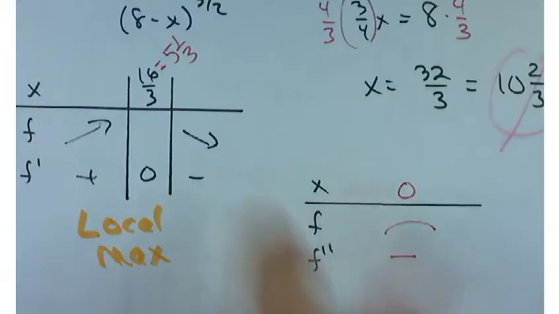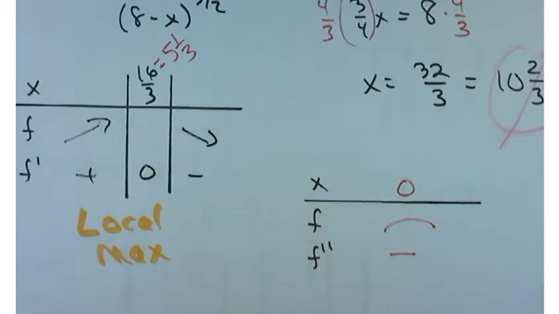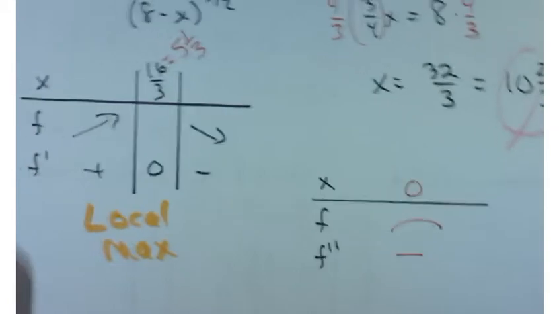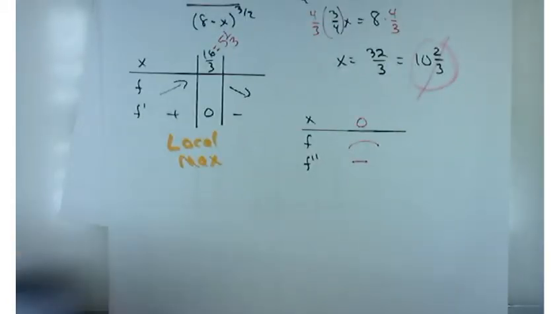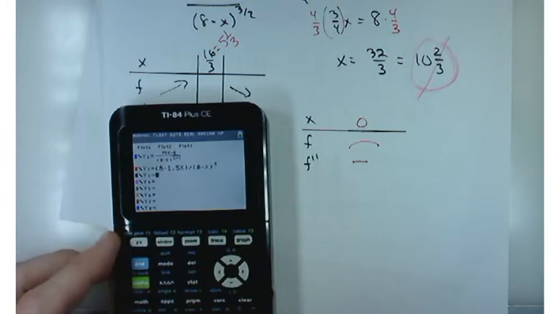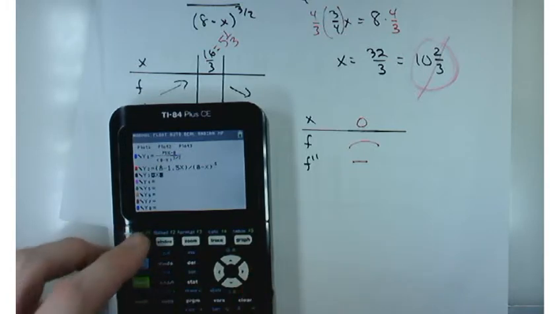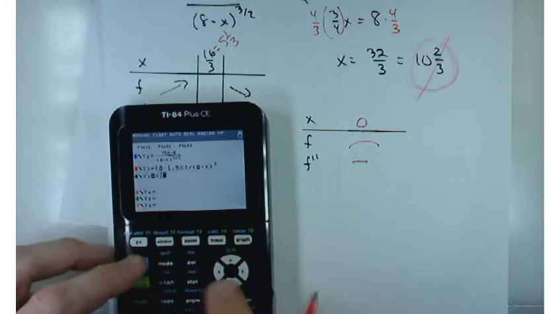Let's see if we can't match this with the graph now. All this information should blend together. All right, I'm going to shut off those graphs and actually graph the function x times the square root of 8 minus x.